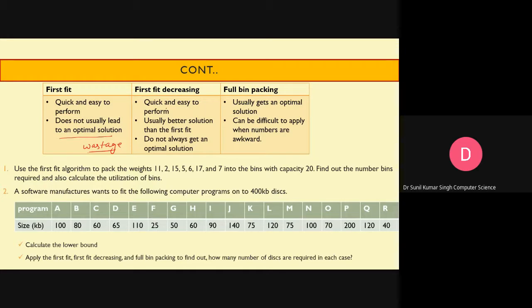Now, when we look at first fit decreasing, it is quick and easy to perform, of course after arranging the items into decreasing order, and usually gives a better solution than first fit. In comparison to first fit it gives a better solution, but does not always get an optimal solution.